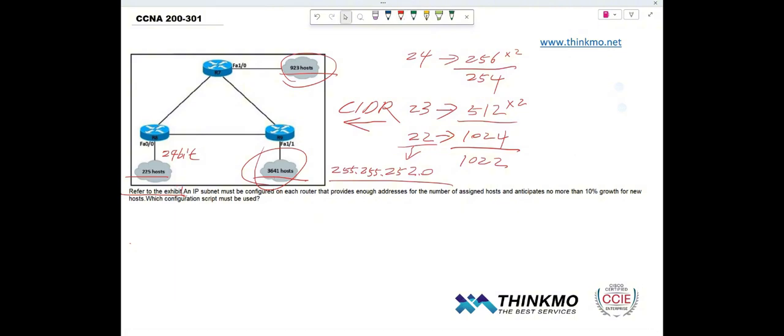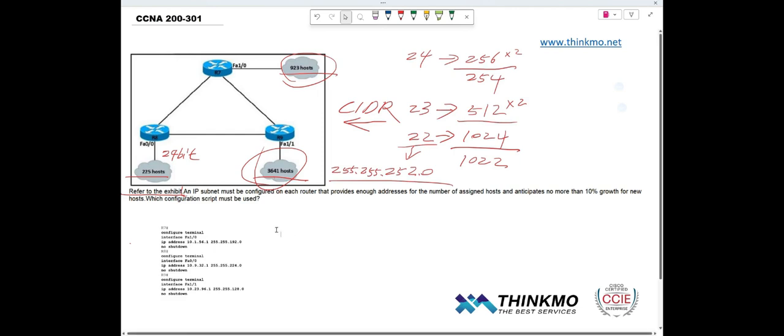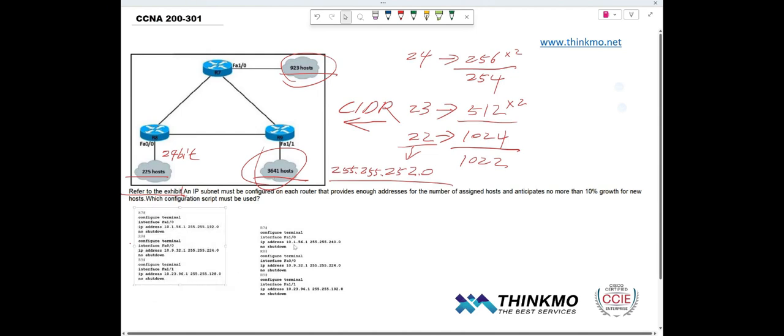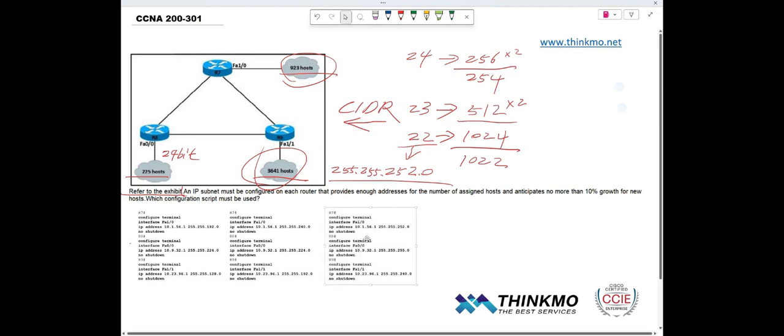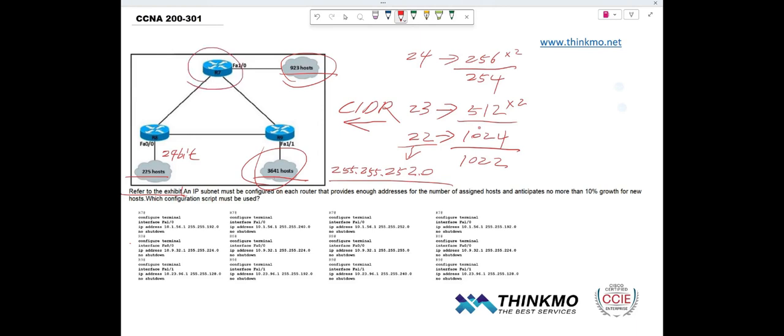Let's look at the answer options. Option A, option B, option C, option D. Let's look at these four options. Regarding the configuration of this subnet on the R7 device, we don't need to look below.